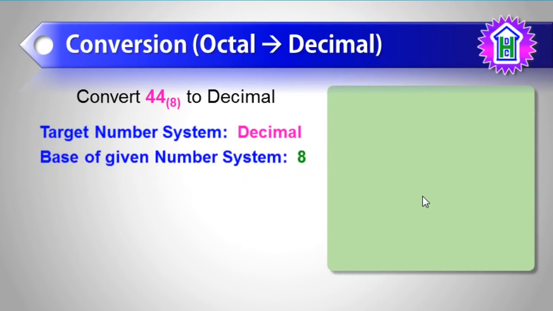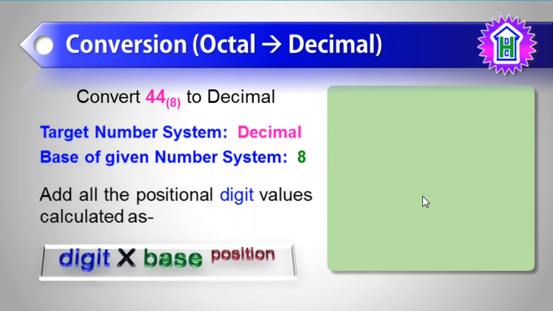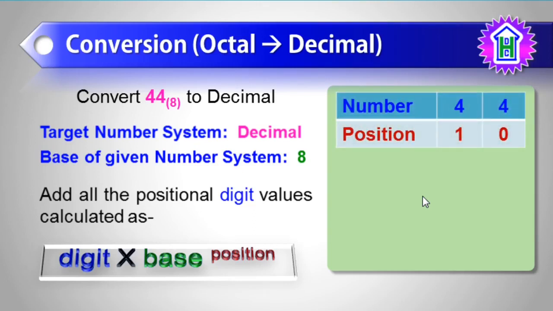The base of the given number system, which is octal, is 8. We will add all the positional digit values calculated with the same formula. Now the number is 44. It is of 2 digits and we are marking them from right to left as 0 and 1.